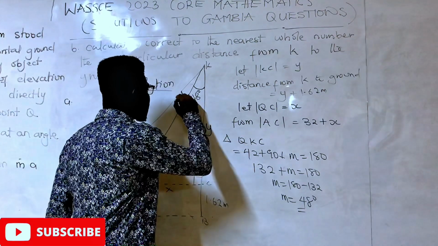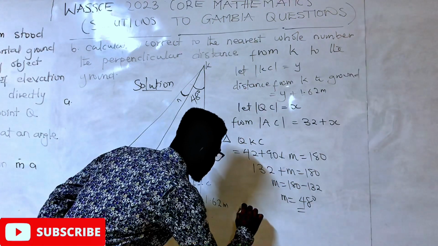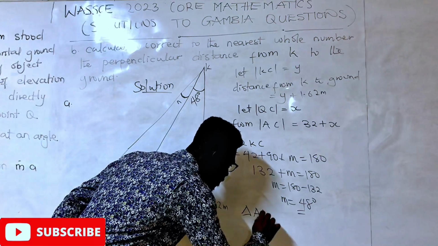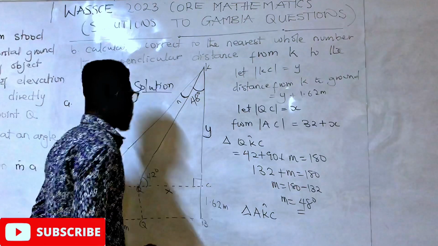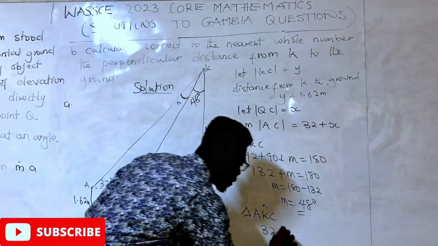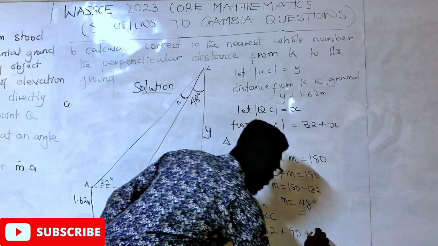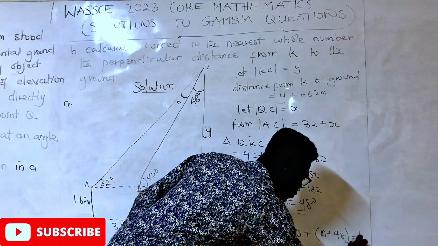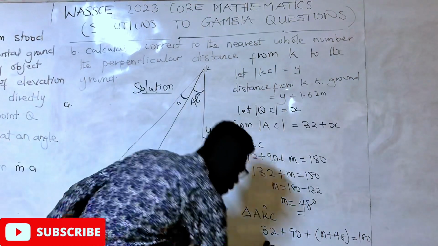So let's say this angle is N. If you take triangle AKC, you are going to get 32 plus 90 plus N plus 48 should be equal to 180.